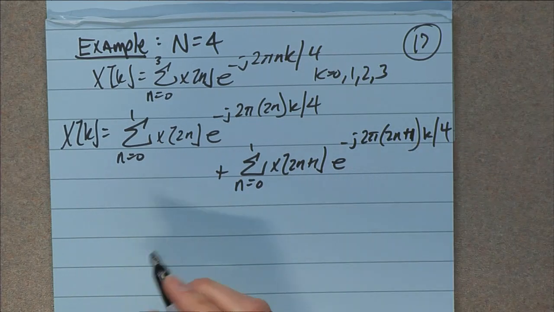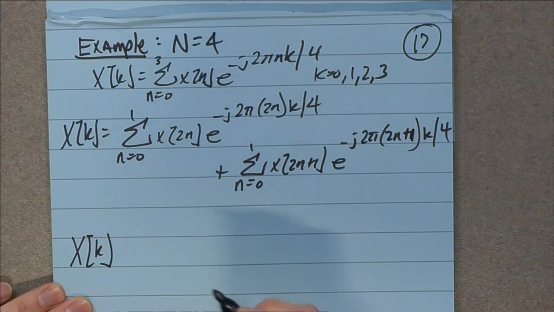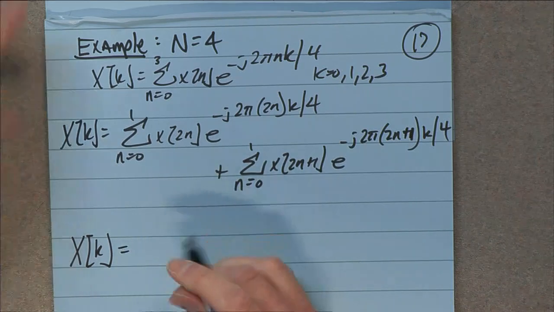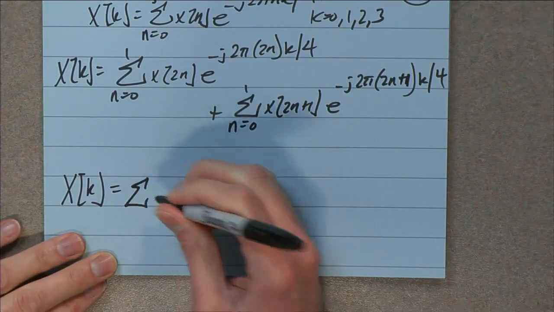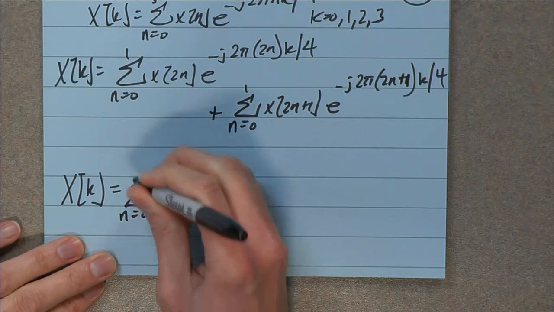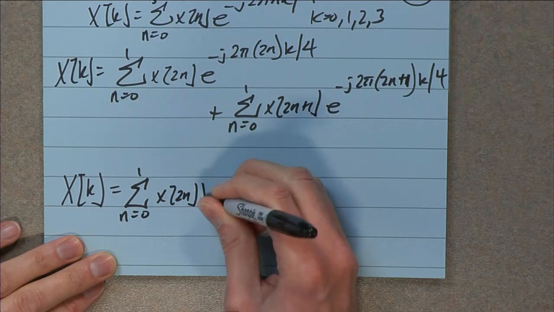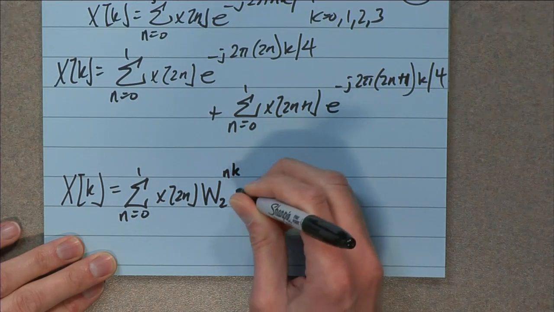Factor out everything and then rewrite it. So we end up with a simplified version. n equals 0 to 1, x of 2n, and we'll switch to our more compact notation here.